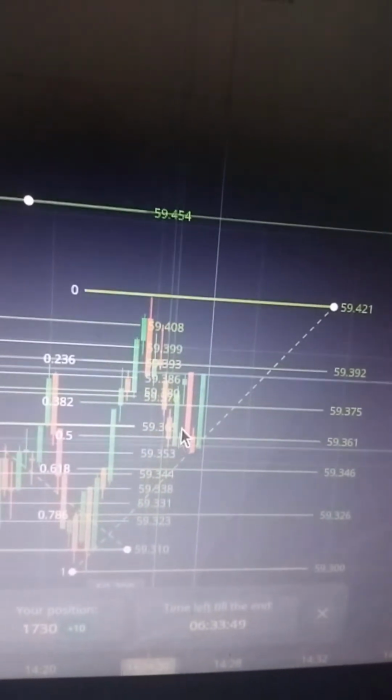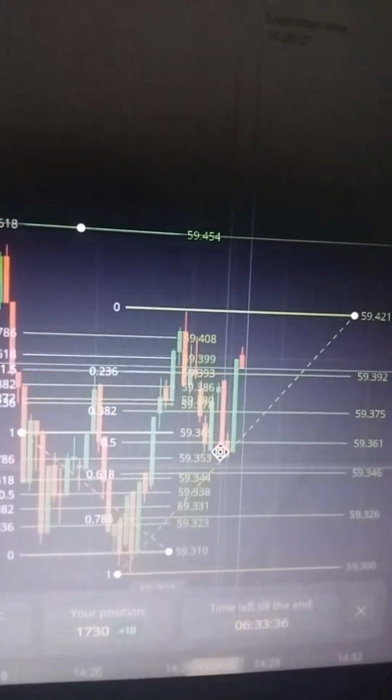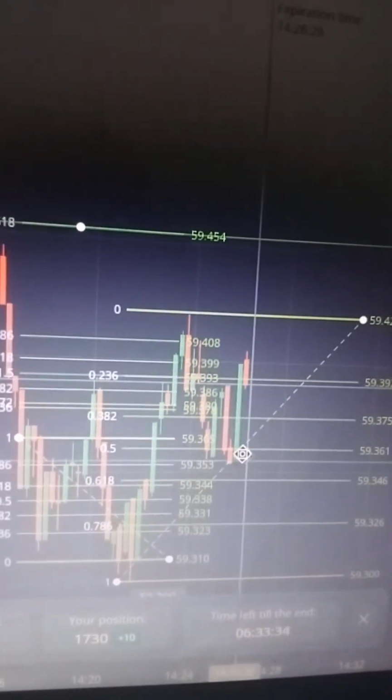So this is 50% and below is discount, and 50% and above is premium. Since we are looking for higher prices and our target is up there, including this high also, that qualifies as a good entry.